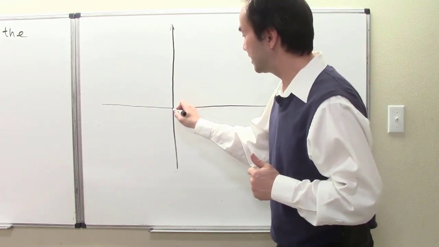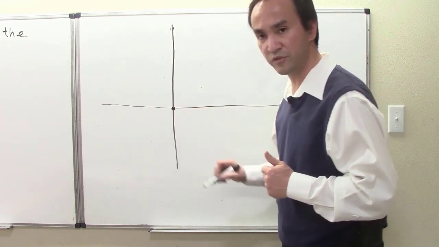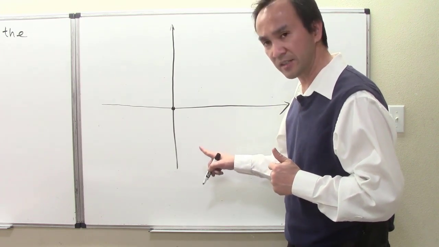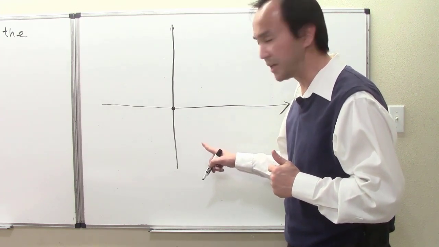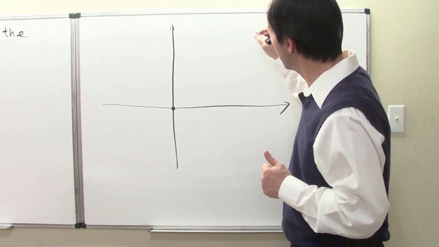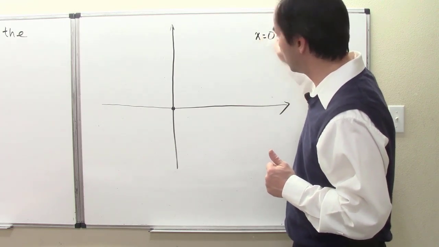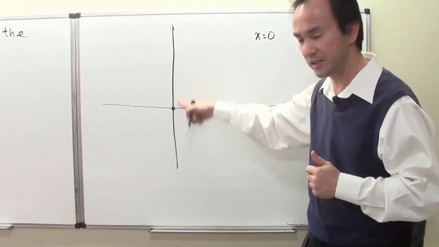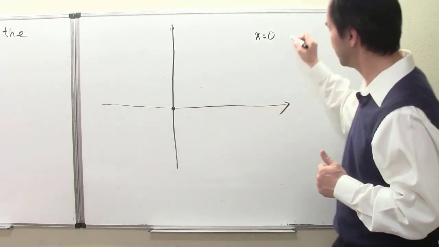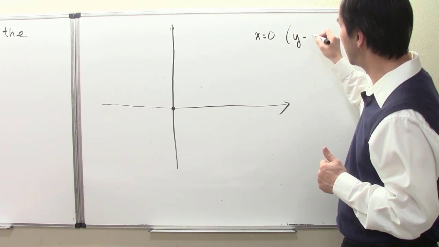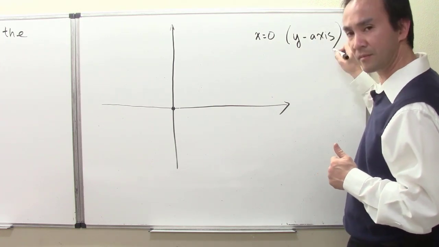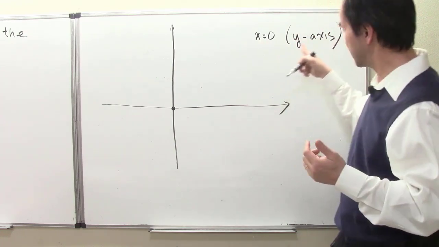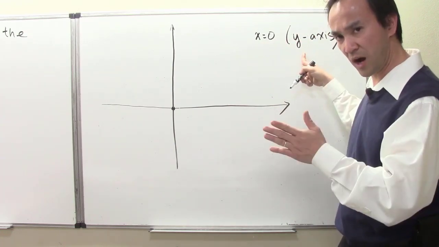Our ellipse has the center at 0, 0. Okay, and the major axis in this problem is going to be the axis x equals 0. But x equals 0 in our case here is this particular y-axis. The y-axis. Okay. So as an equation, it's x equals 0, but it's a line that's parallel with the y-axis.